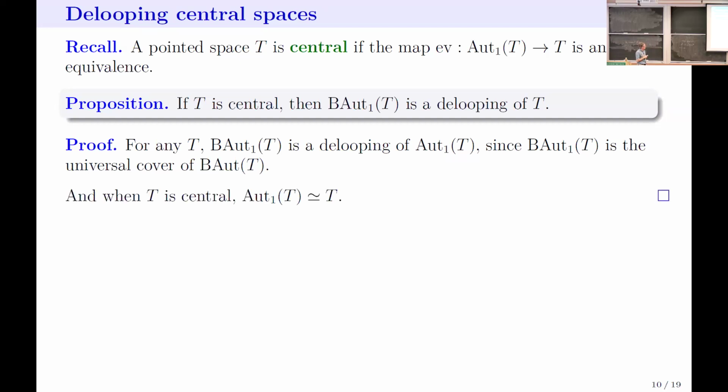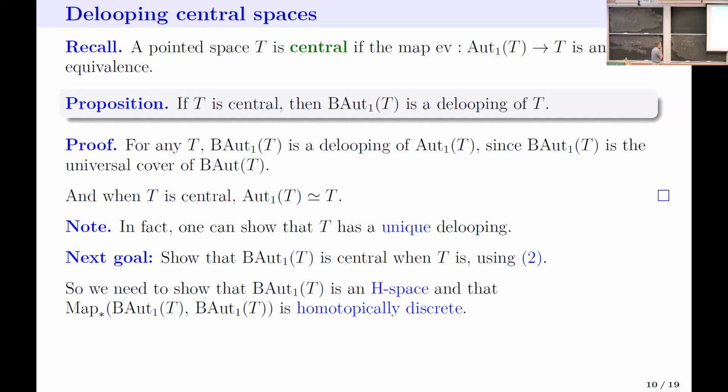And then we know for a central space that OT1 of T is equivalent to T. So B01 is also a d-looping of T. But it's a very concrete d-looping. You can think of it as a space of T-oriented spaces. Okay, you can actually show that it has a unique d-looping. That's a slightly harder argument, but not too bad.